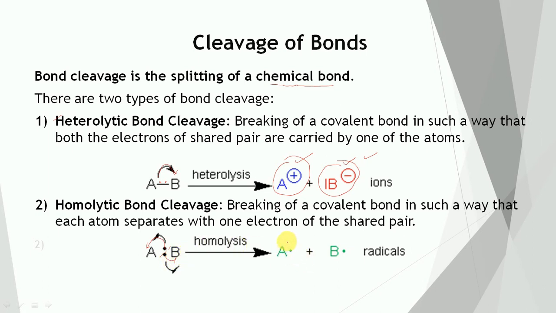So two free radicals will get formed. These species with an odd electron are called free radicals. In organic compounds, when the odd electron is carried by a carbon atom, they are called carbon free radicals.